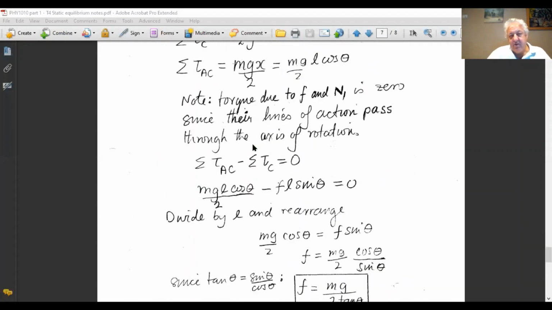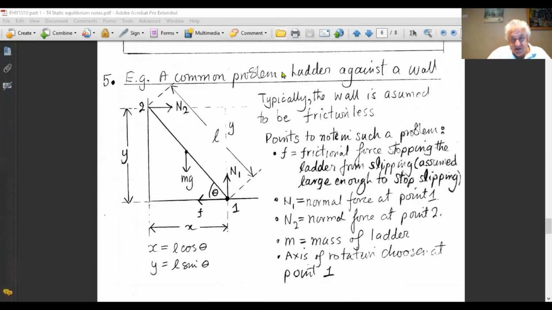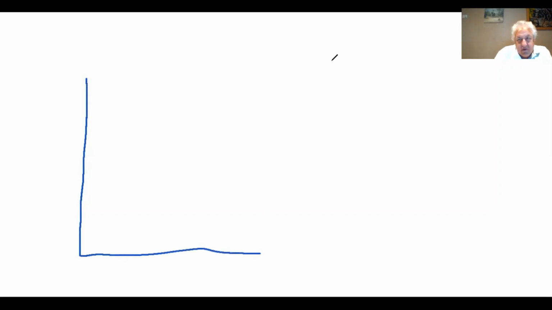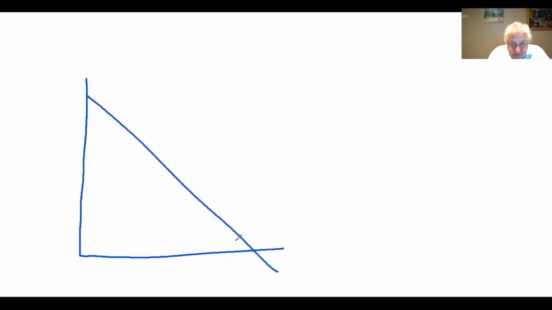Okay, so now let me go to the whiteboard to see some of the features of this. Let me see if I can draw this nice and big. A bit better.